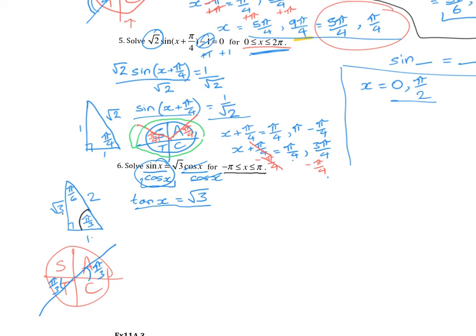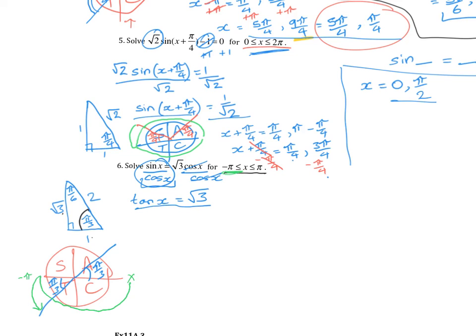So from 0, let's do the negative pi bit first. So we go negative pi. I've hit my line, but I don't know what that is, so I'm going to keep going to negative pi, but then I'm going to go in the positive direction pi on 3, so I'm adding pi on 3.